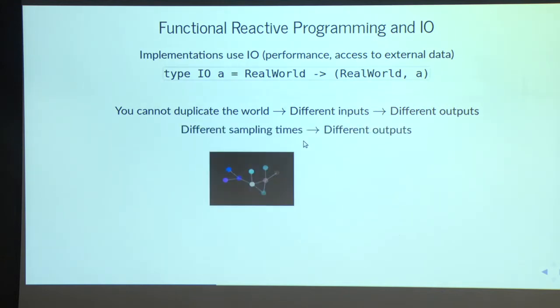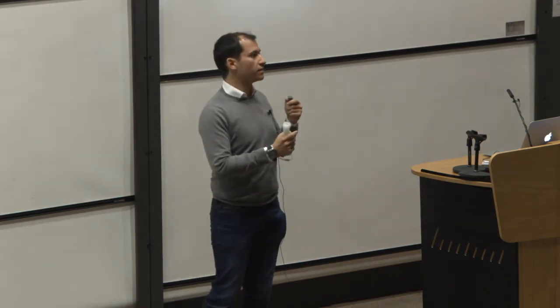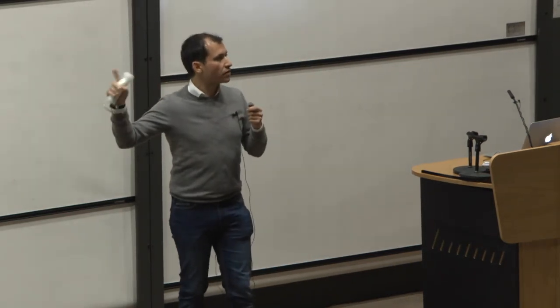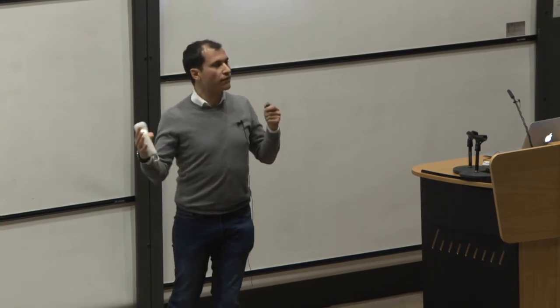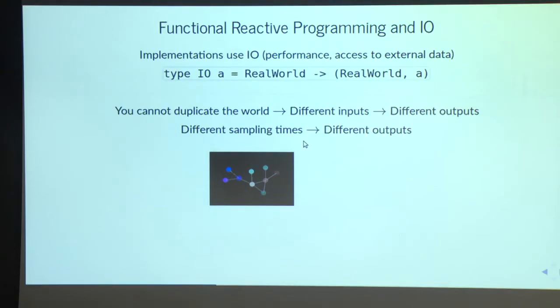So this is not just based on user input. You also have a problem just based on sampling. So for instance, this is a picture of a force-directed graph layout algorithm, which means you have a bunch of nodes that compose a graph, and they all repel each other, but the ones that are connected also attract each other. So they form kind of like a spring. And you would expect some of these configurations to stabilize, but they don't.